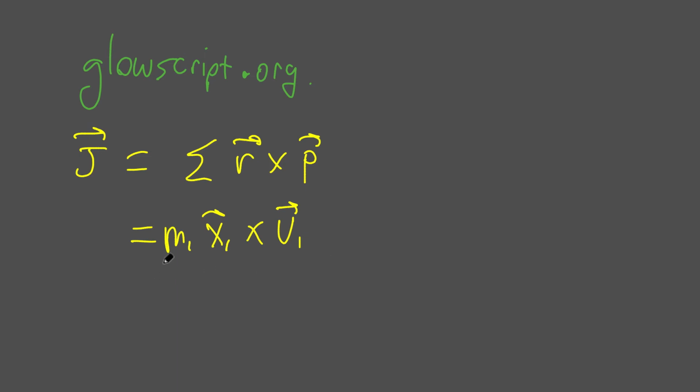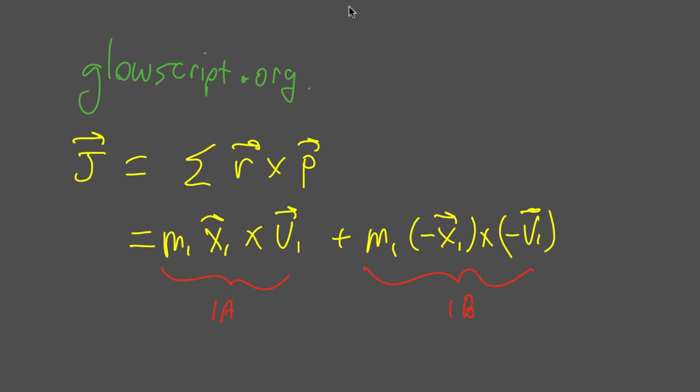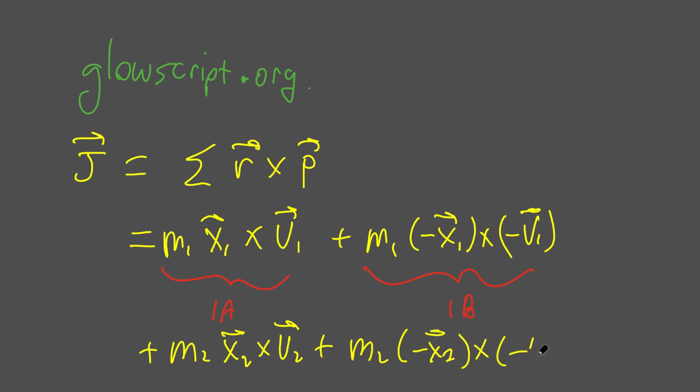So this is for the mass that I originally called 1A. And for the mass 1B, we have m1 times its position vector, which is minus x1, and its velocity vector is minus v1. So this is for the mass that I called 1B. And for the two larger masses, we have m2 x2 vector cross v2 vector and m2 minus x2 vector cross minus v2 vector.